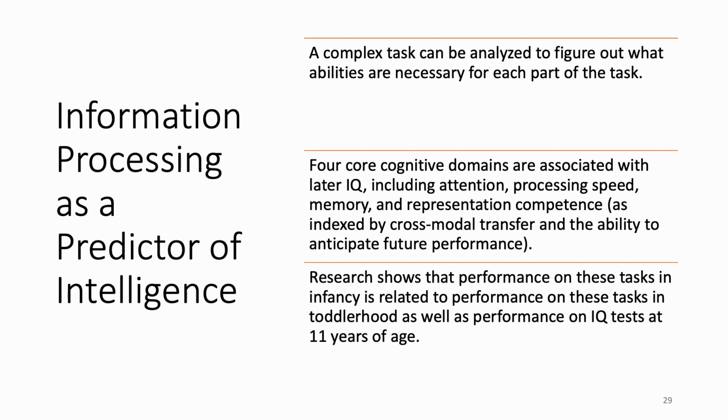Four core cognitive domains are associated with IQ, including attention, processing speed, memory, and representation competence, as indexed by cross-modal transfer and the ability to anticipate future performance. Research shows that performance on these tasks in infancy is related to performance on these tasks in toddlerhood, as well as performance on IQ tests at 11 years of age.